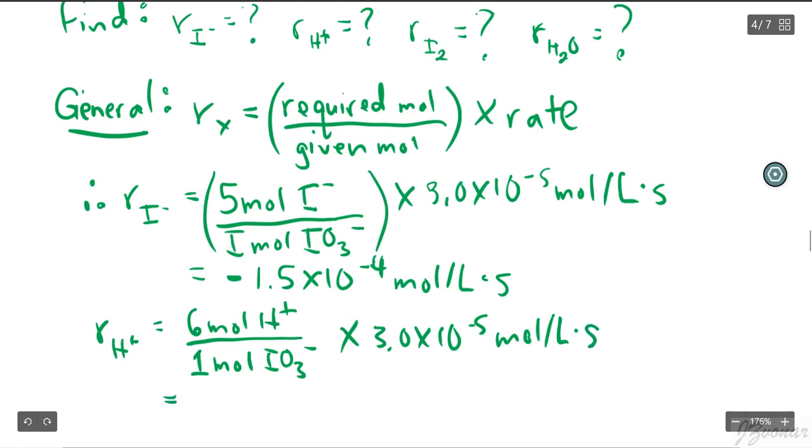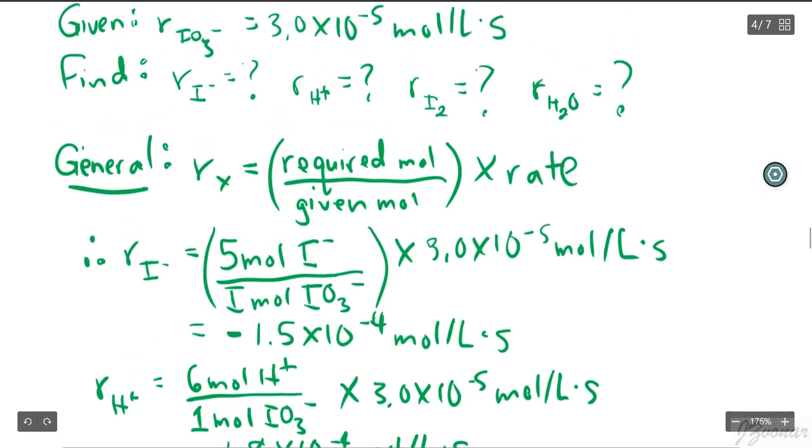When I work that number out, again, it's a reactant, so it's being consumed, so my rate is negative. So it's negative 1.8 times 10 to the negative 4 moles per liter per second.